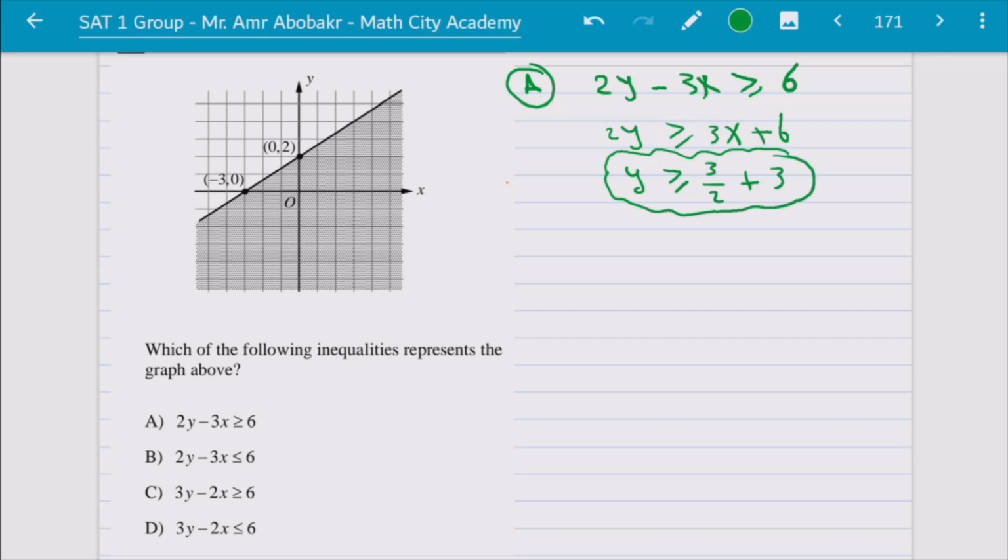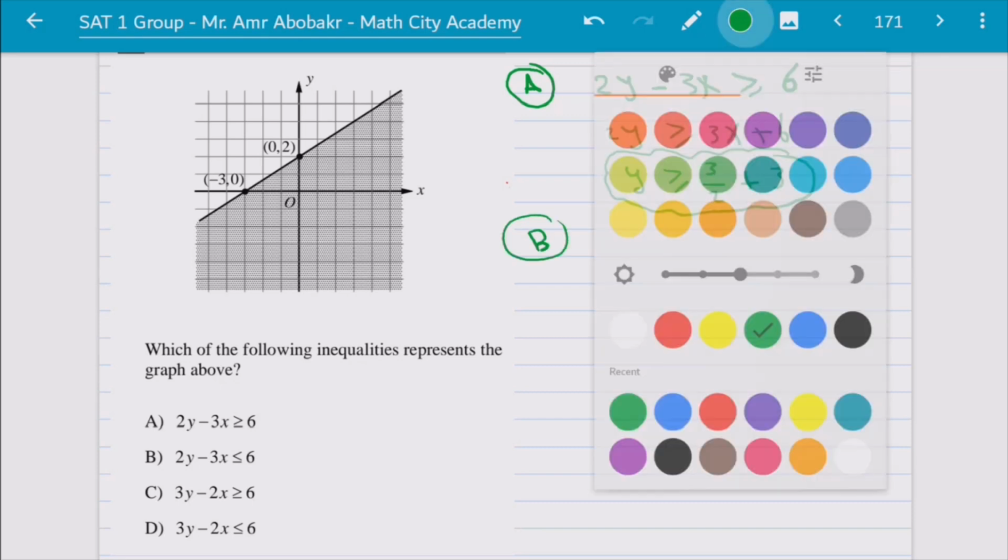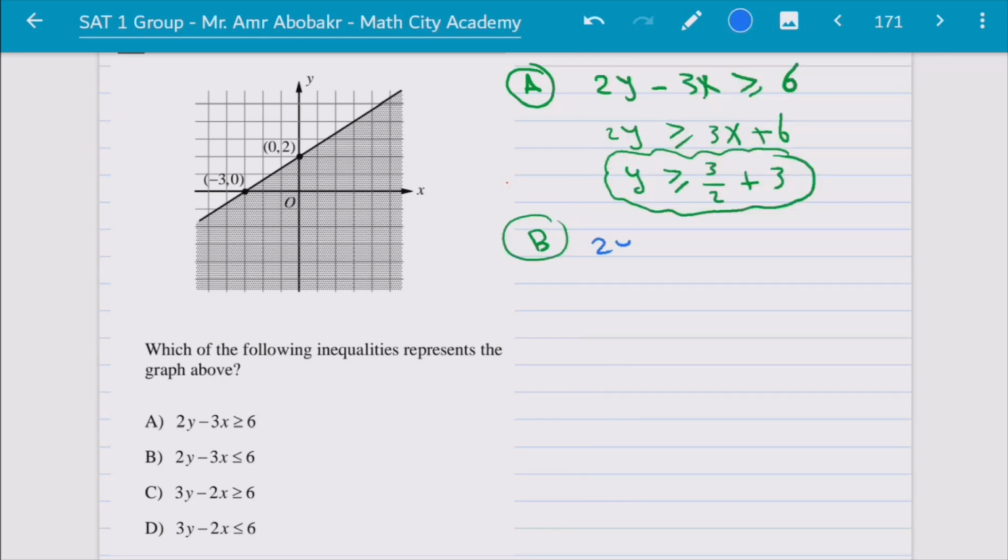The inequality of the second choice. 2y minus 3x smaller or equal 6. So 2y smaller or equal to 3x plus 6. So y is smaller or equal 3 over 2x plus 6 divided by 2 is 3.